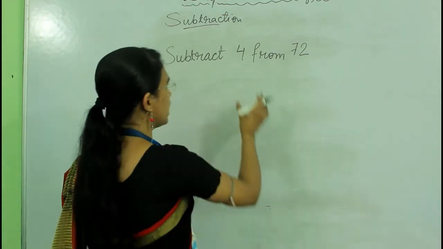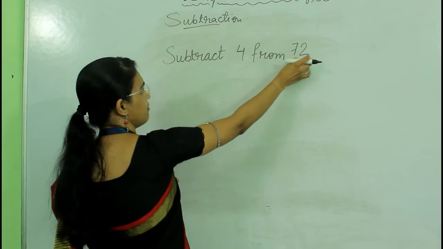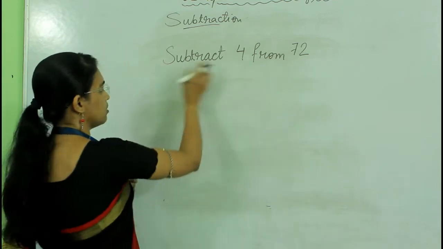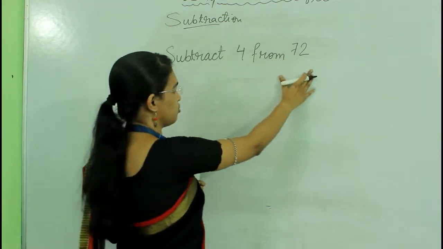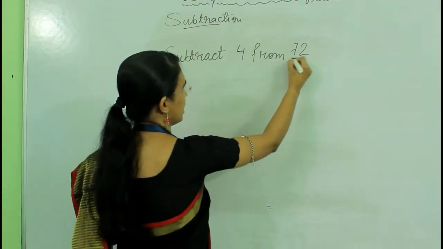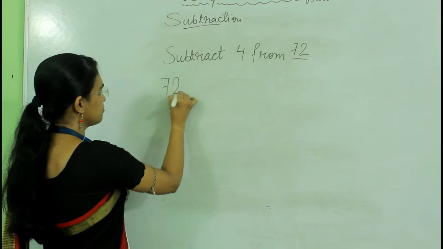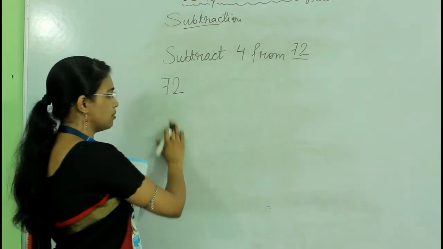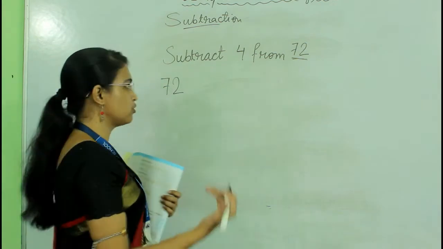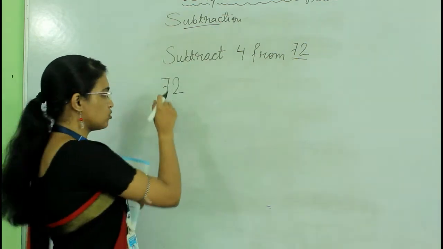We have to subtract 4 from 72. So first we have to write this number 72. Then we have to use backward counting to solve these sums.